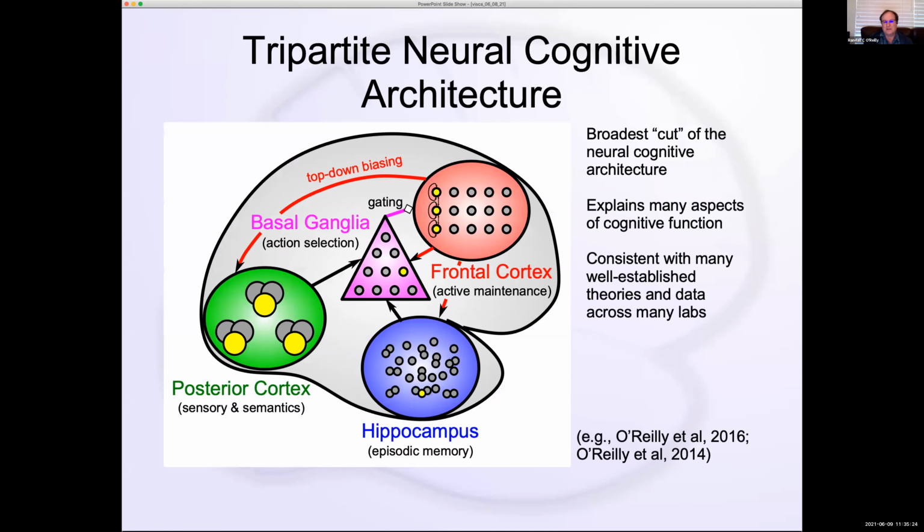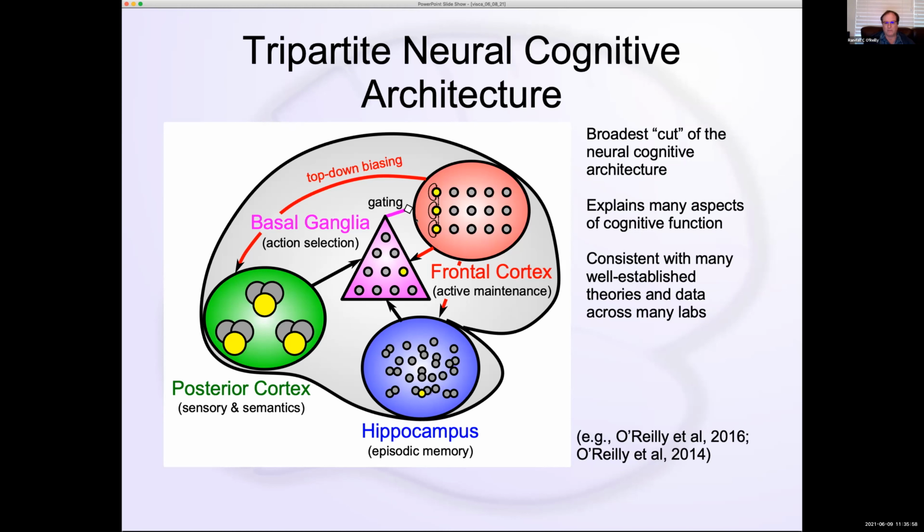Anyway, so here's the cognitive architecture that I've been working with for my whole career, basically, and this represents, I think, a pretty broad consensus of what a lot of cognitive neuroscience people think about in terms of the core, most global scale elements of the brain as they relate to various forms of cognitive function. So we've got posterior cortex doing perception, transforming sensory information into higher level abstract representations.